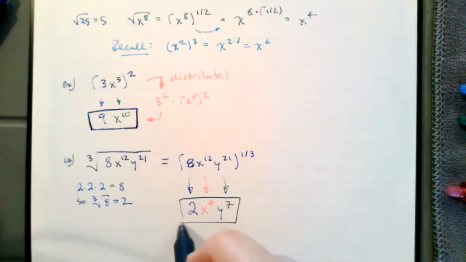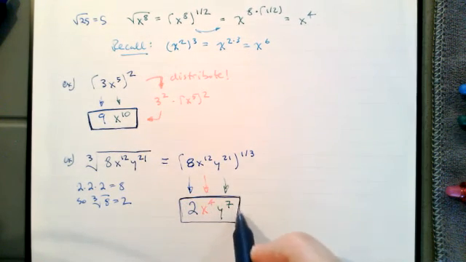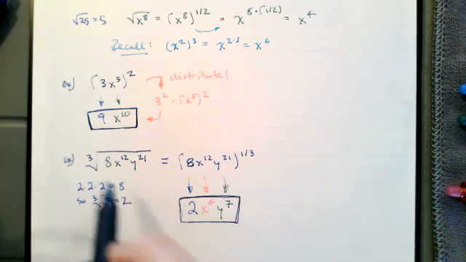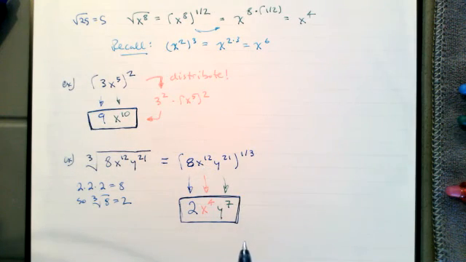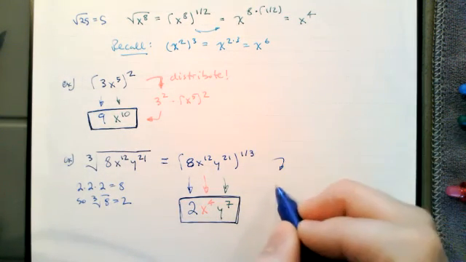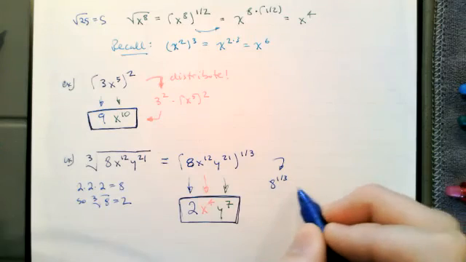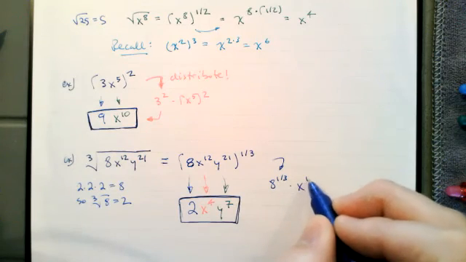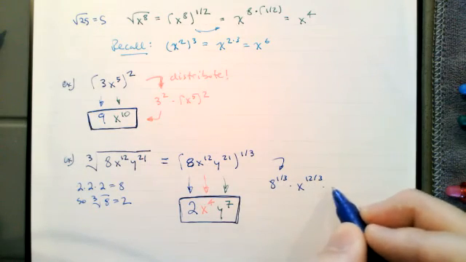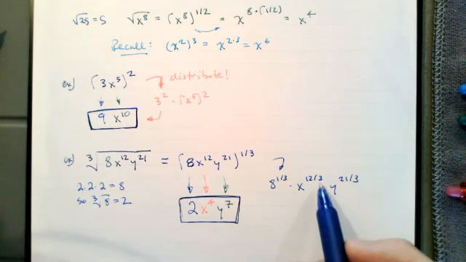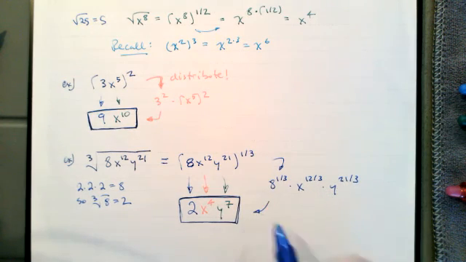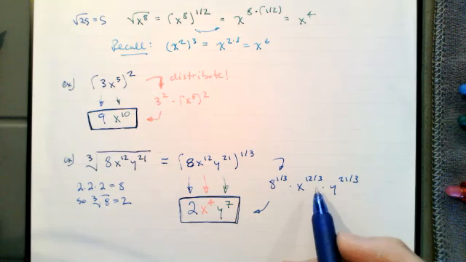The index of the radical is the denominator of the exponent. All we're doing is the distributive property. So this is going to be an 8 to the 1/3 power times x to the 12 over 3 and y to the 21 over 3, because the index of the radical is the denominator of the exponent.